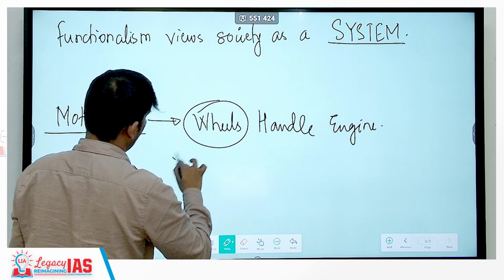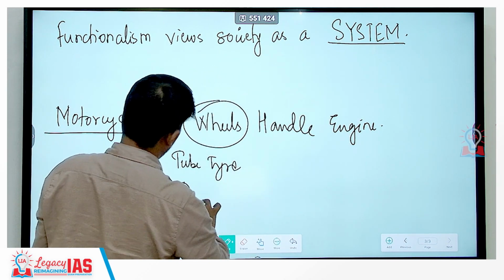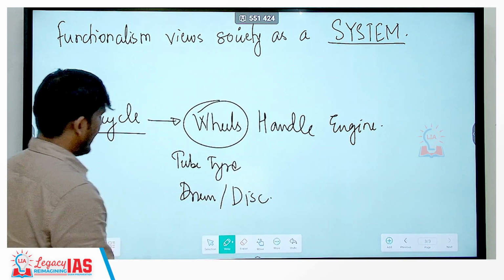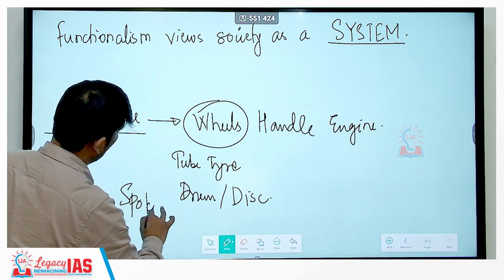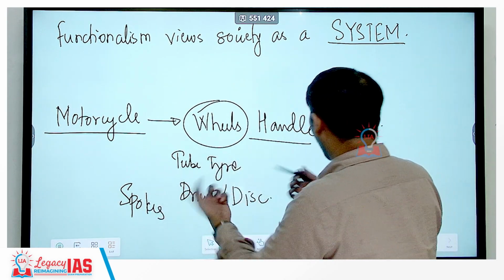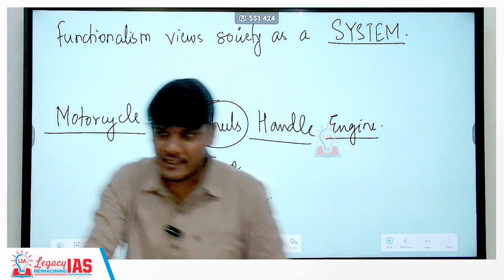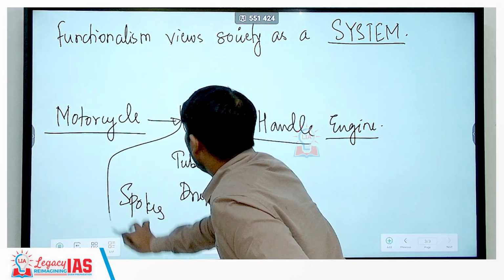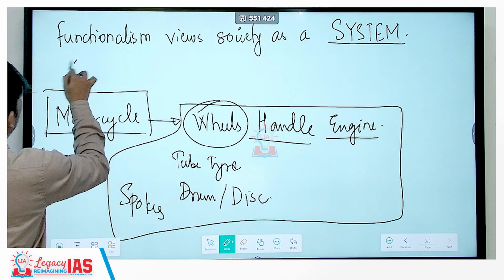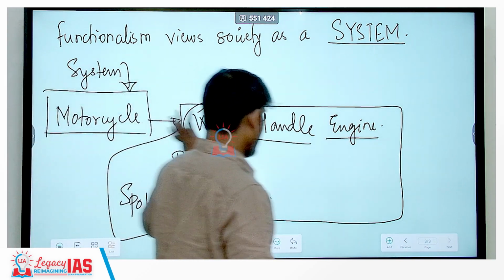It consists of tube, tire, drum or disc brakes, and spokes, so many things. The handle consists of the grip and the steel rods, and the engine consists of various levers and additional things. So all these things together constitute what? A system, and that system is the motorcycle.